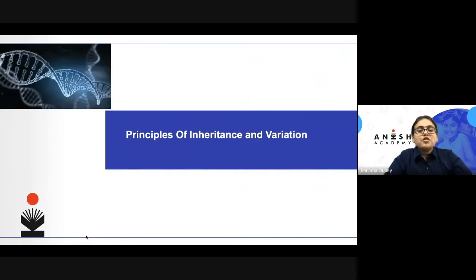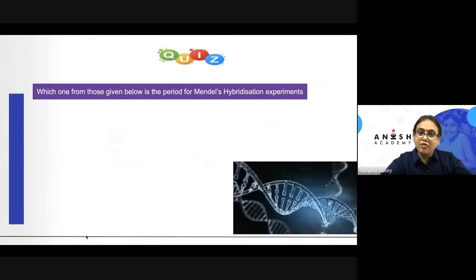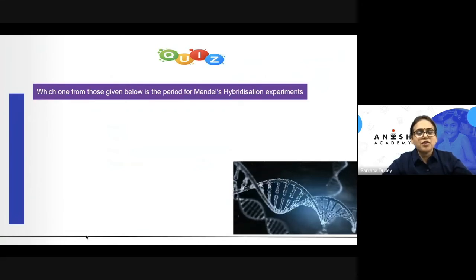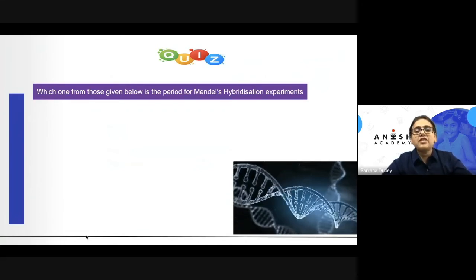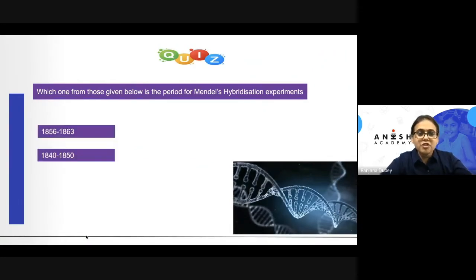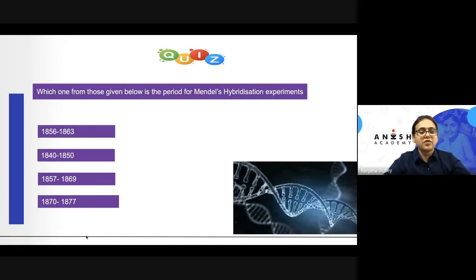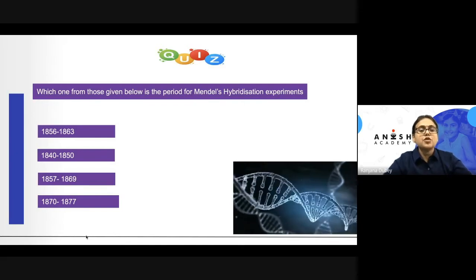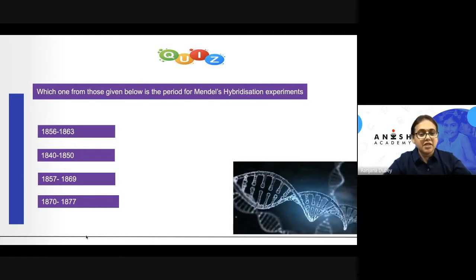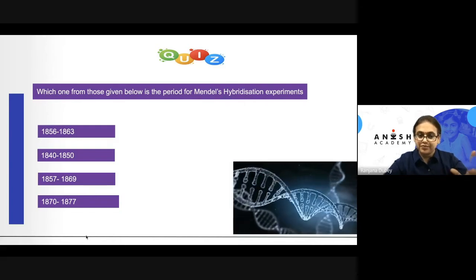So, I bring forward to you the first question in this chapter from the NEET: which one from those given below is the period for Mendel's hybridization experiments? The options before you are 1856 to 1863, 1840 to 1850, 1857 to 1859, and 1870 to 1877.